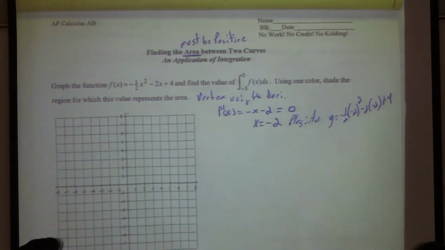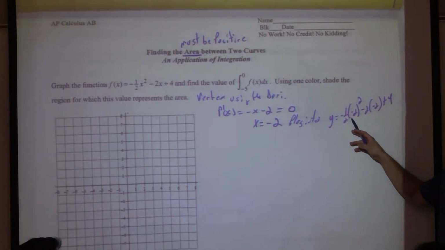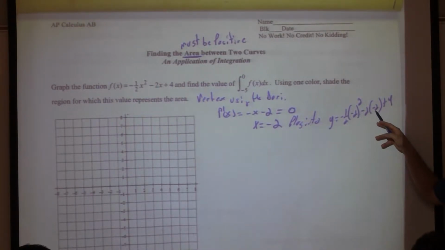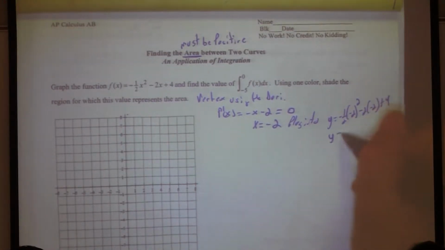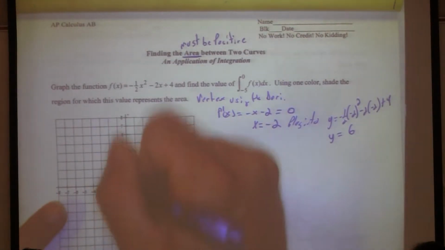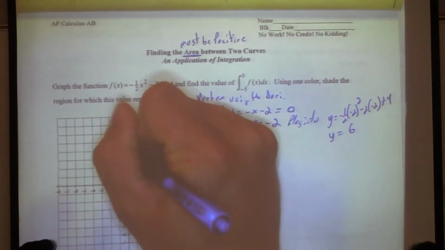So that's 4 divided by 2. That's negative 2, right? Plus 4. That's 2 plus 4. 6. So we know y is what? 6. So we know the vertex, we know that the maximum has to be at negative 2 and 6. Are we good?